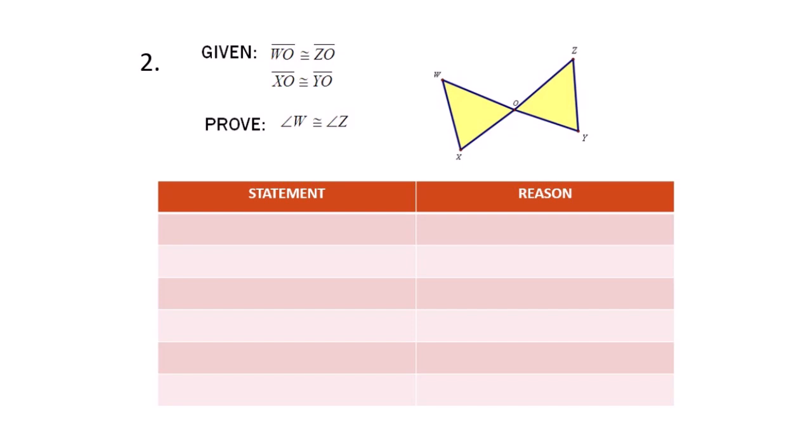Okay, so let's start with our given. So we're given that side WO is congruent with segment ZO, right? So WO is congruent with ZO, and that's given. Okay, and then we also are given that XO is congruent with YO.